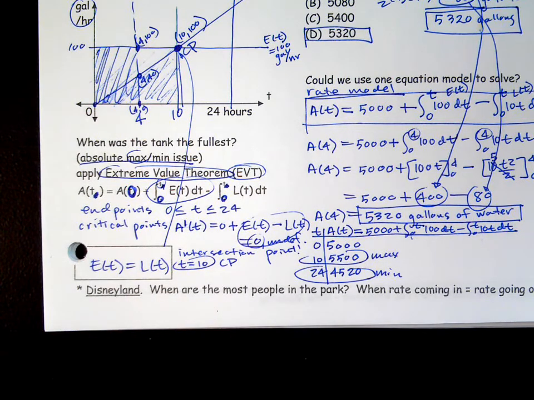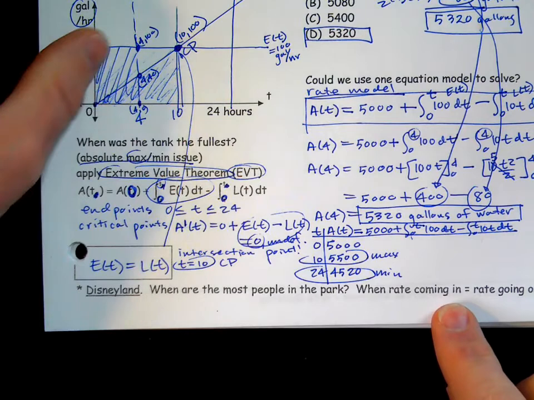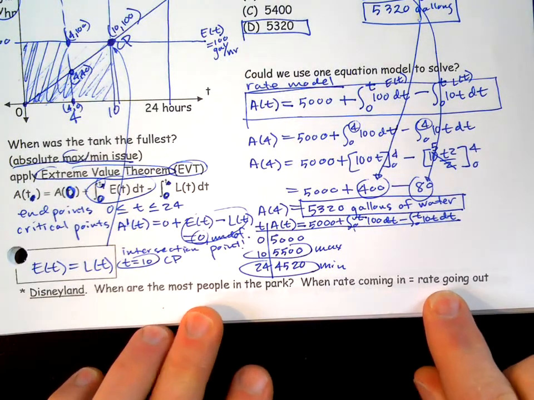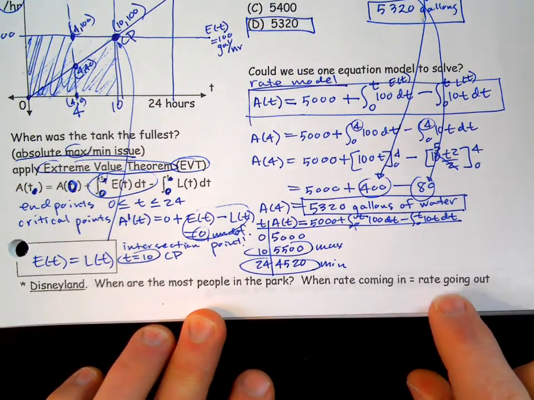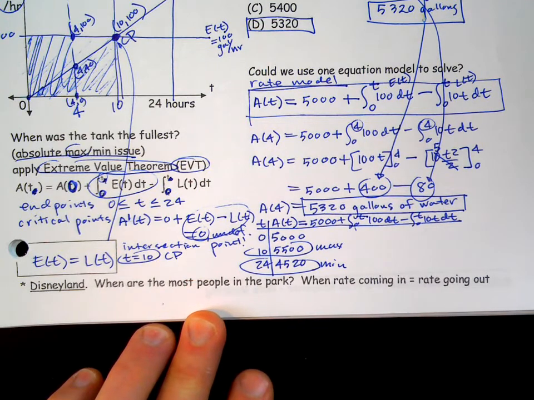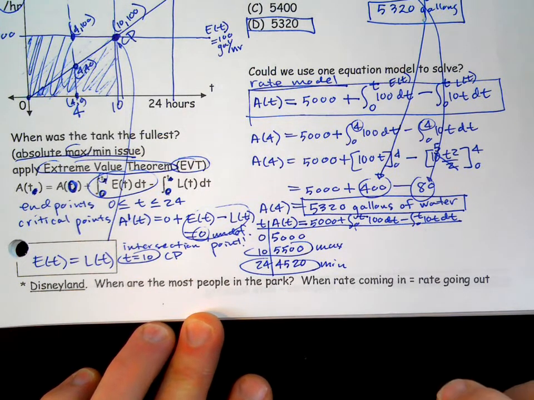And it's going to be at this weird place when the rate of people coming into the park is exactly equal to the rate of people going out of the park. It's this moment when the same amount of people are coming in and out at the same time. That's actually when the park is at its highest or at a peak during the day. And one of those peaks is going to be the absolute max.